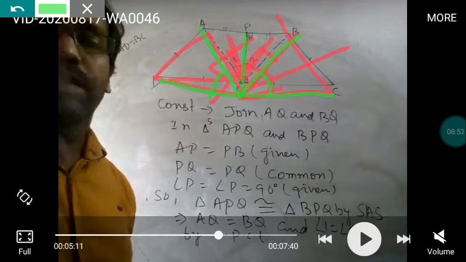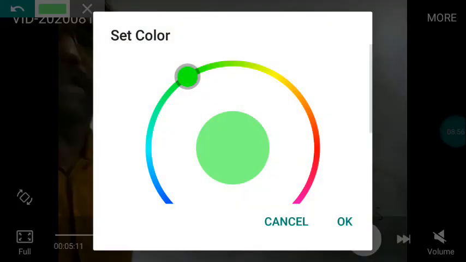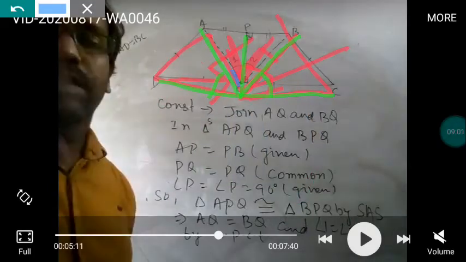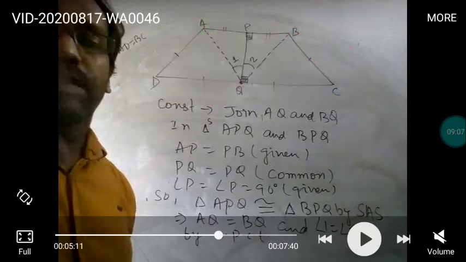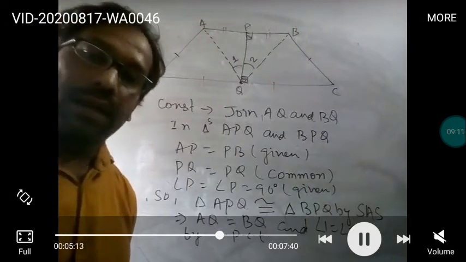Why? Because this whole is 90 degrees, so from that 90 degrees this blue part has been subtracted. So these green parts are equal. On that basis we are moving ahead. So angle 1 is equal to angle 2.